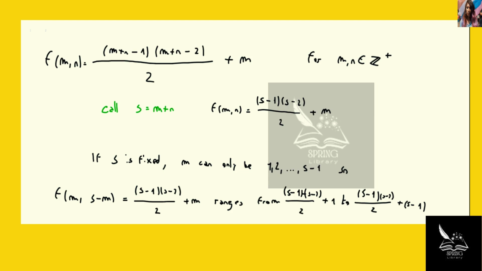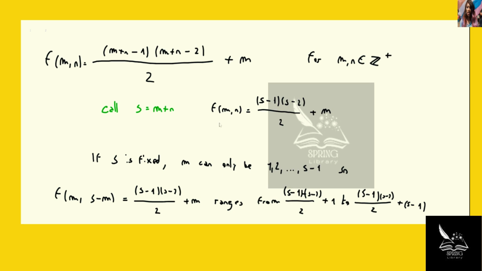So essentially, if s is fixed and m varies from 1 to s - 1, we're covering all the integers in that range. So we have that range covered.